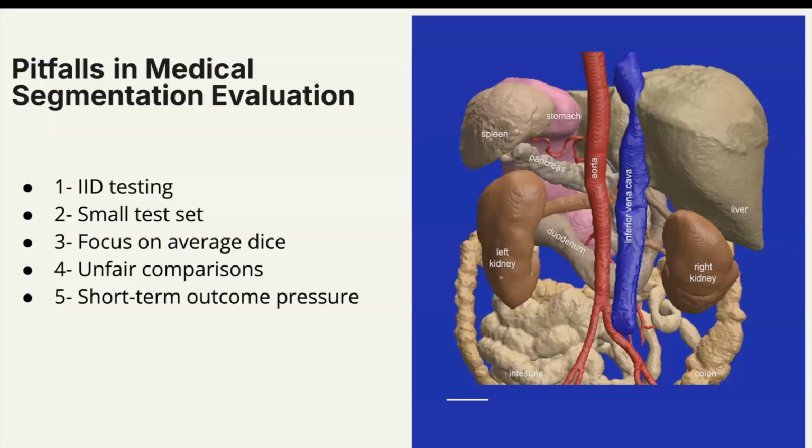And the fourth point is unfair comparisons. Here, we are mostly talking about the standard benchmarks that we see in most papers. When people propose a new methodology or a new architecture, they will compare this architecture against the state of the art, and normally the same person will train all the architectures.